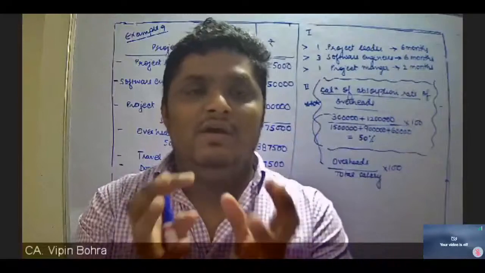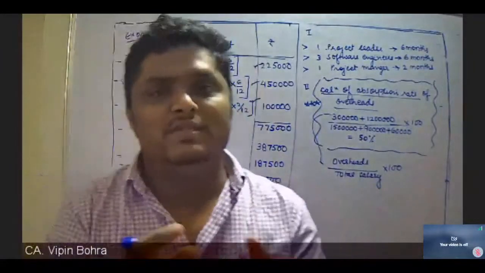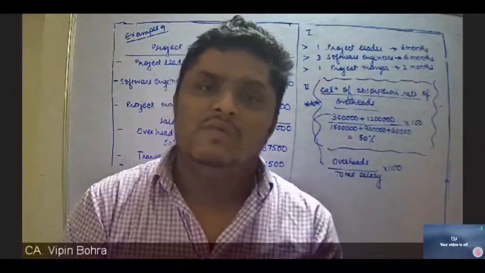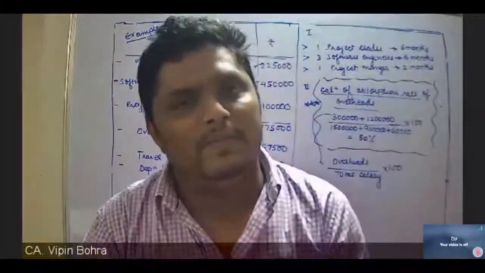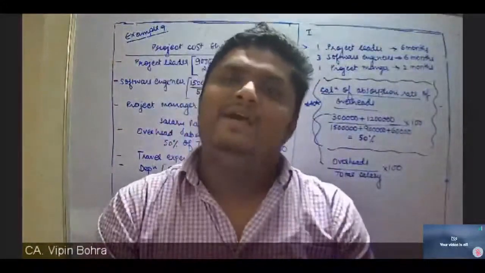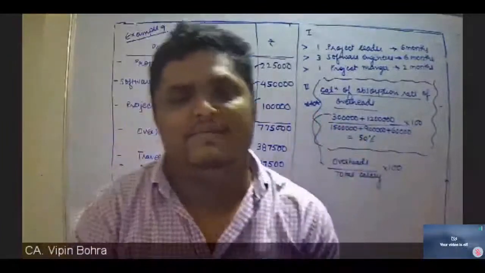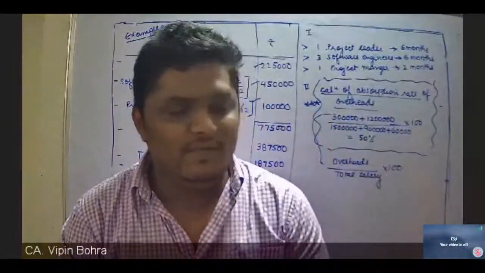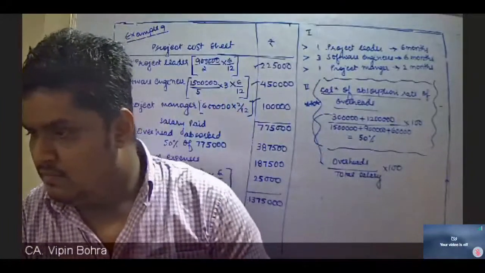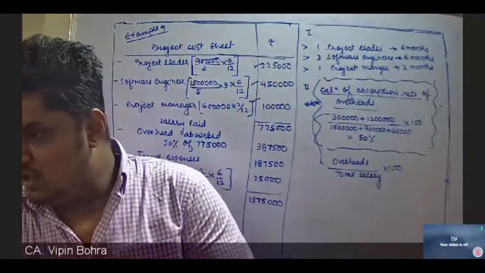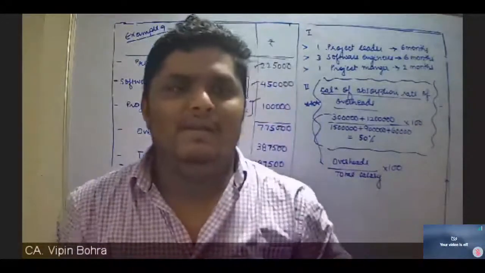So we have to absorb these overheads and there is no basis given in the question. So we assume that these overheads are dependent upon the salary of the personnel. Accordingly, we calculated this absorption rate on the basis of the salary of the persons. So I hope your doubt is clear. Ashneet Kaur Johar, very good. Sakshi, good. Now let's start.